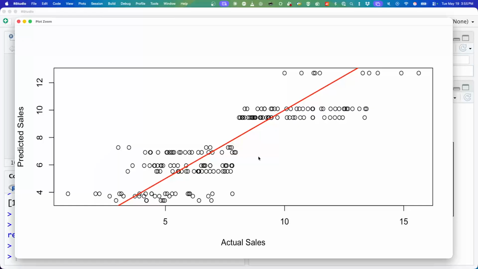They're generally centered around the line, which I think is a good thing. Not too biased one way or the other. You still have variation that's not being explained in this particular model, but in general it doesn't look to be too biased.